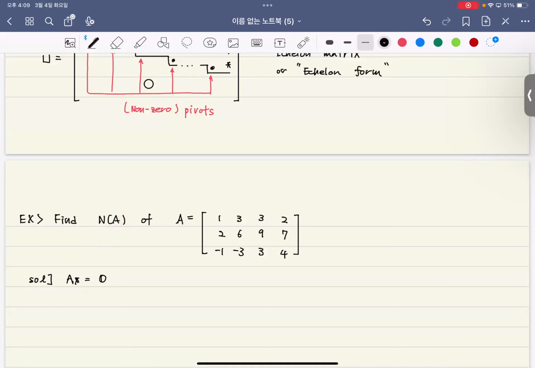But finding a solution of this equation is the same as this, right? Because applying the elementary row operations doesn't change the set of solutions. So instead of working on this system of equations, let me work on this system of equations, which is mathematically the same as the previous one. Okay.